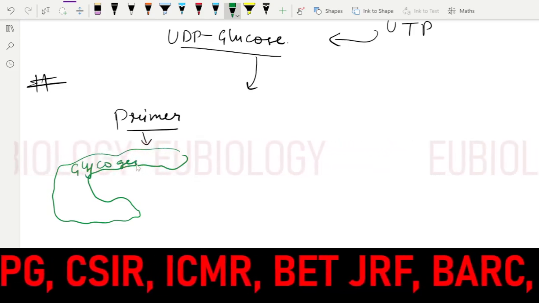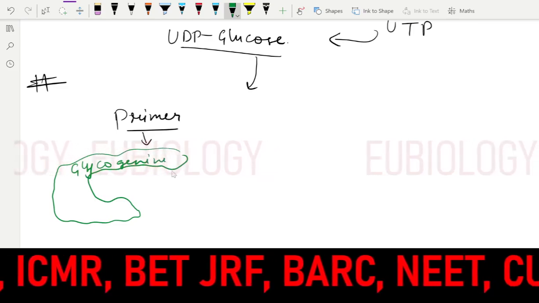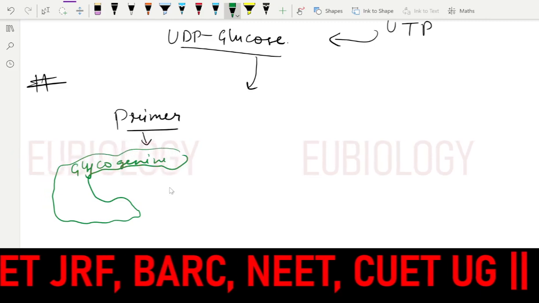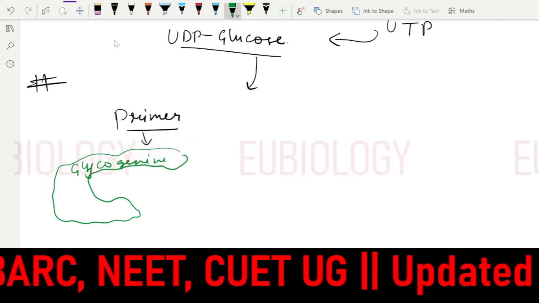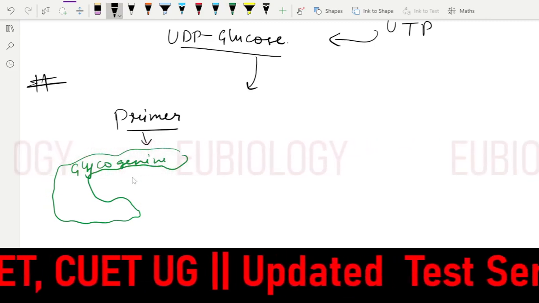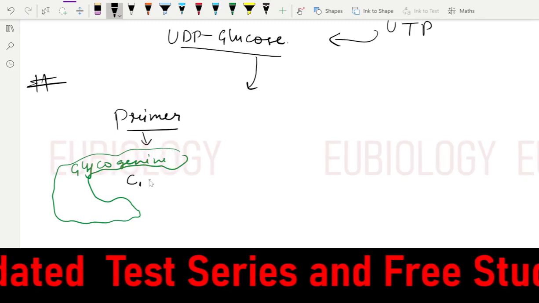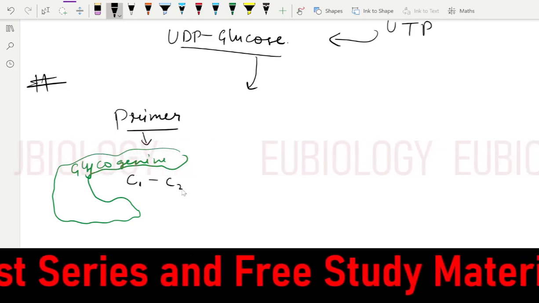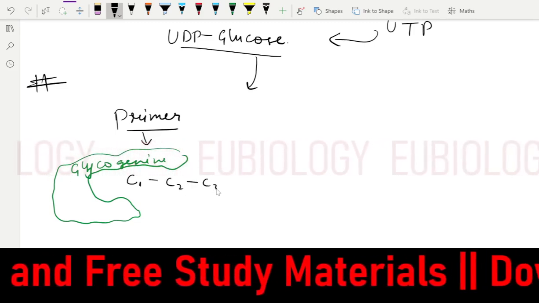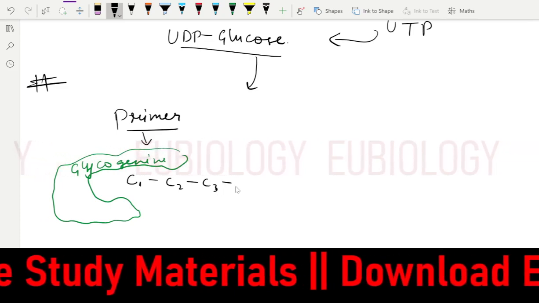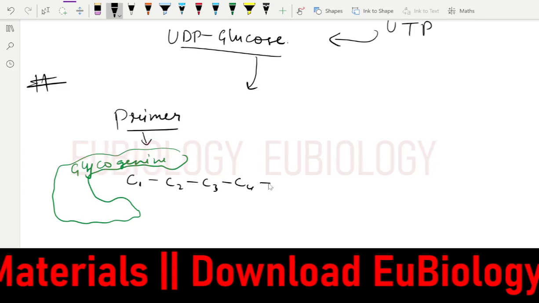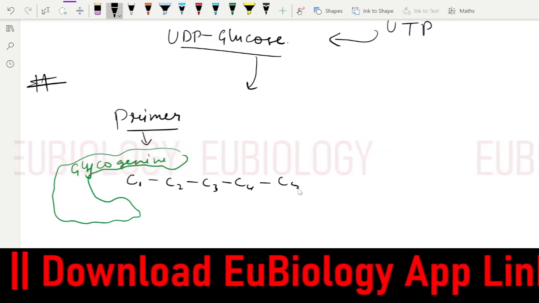Glycogenin will have the first carbon atom of the glucose, and like that they have a 4 to 5 carbon chain.